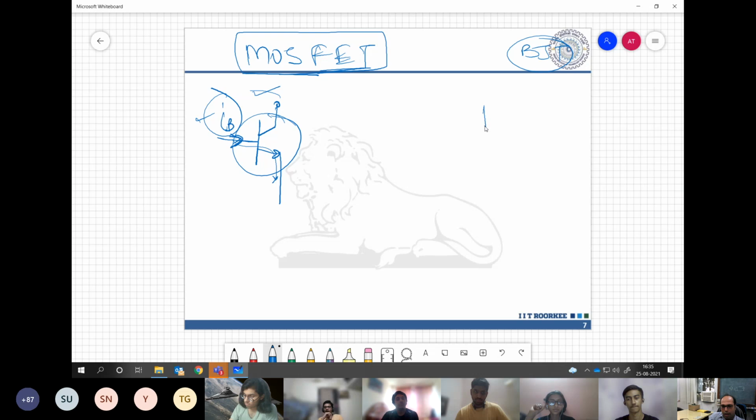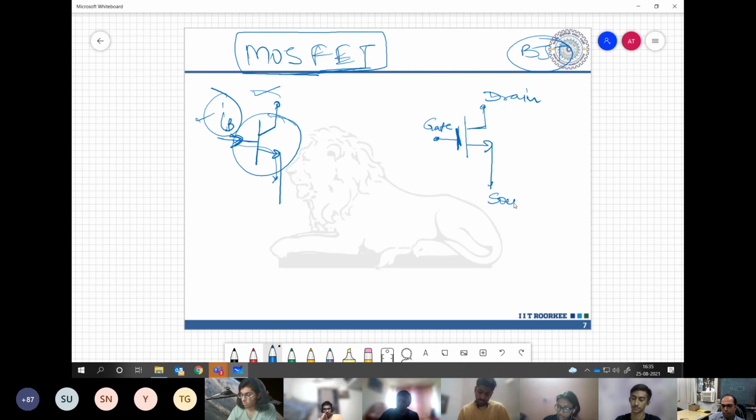So we are introducing another type of device where we have an insulated gate, like there is no direct connection between the, so here this terminal is called gate. This is a control device. It has 3 terminals called gate, drain and source. And the control action happens over here because of the voltage applied at the gate, the VGS voltage.